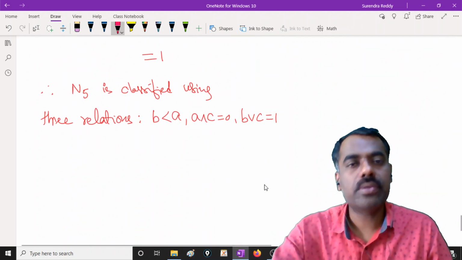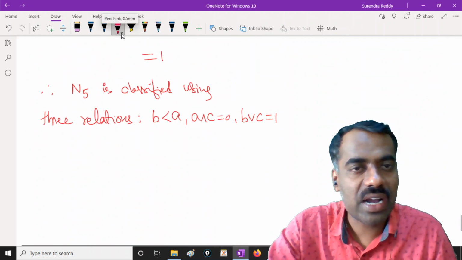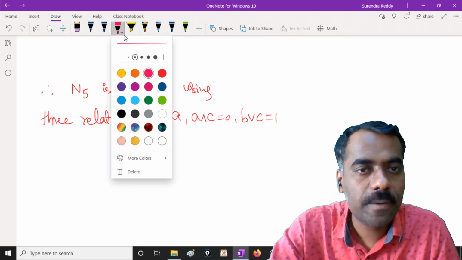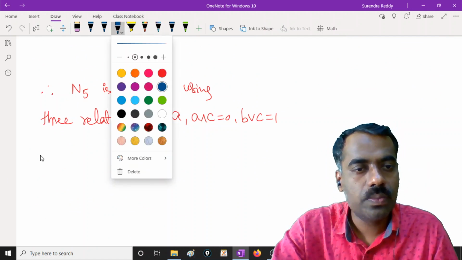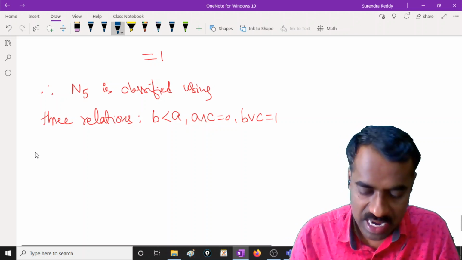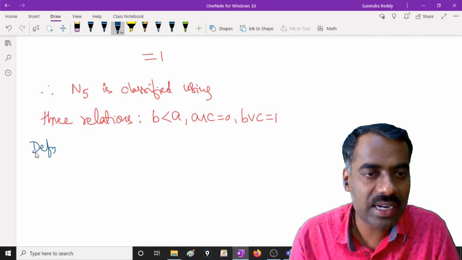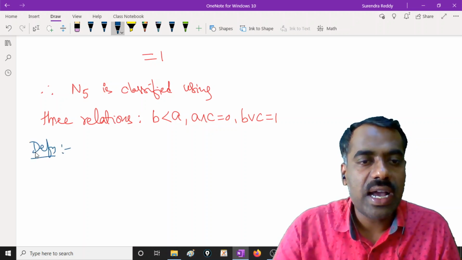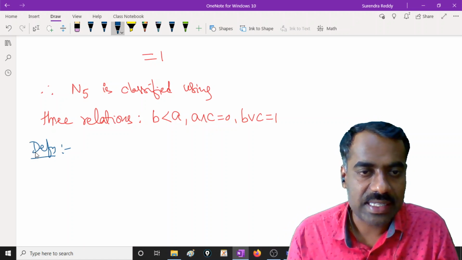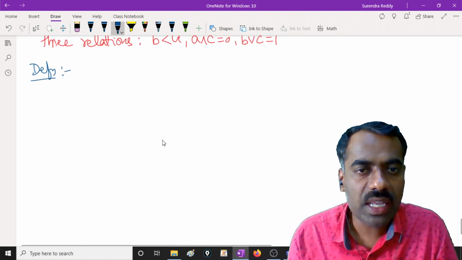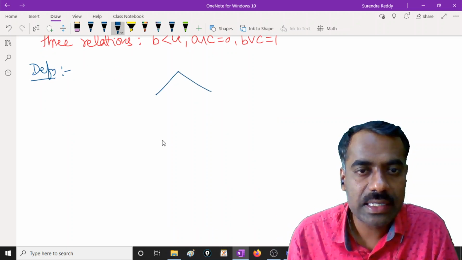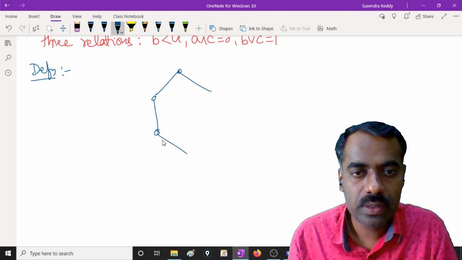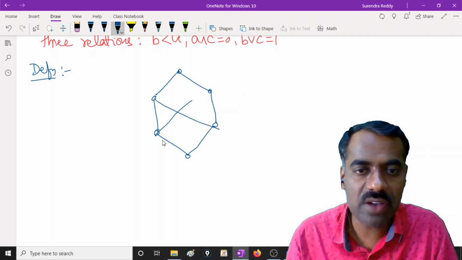These are about diagram and covering relation, all those things, right? Now we quickly go to some definitions, which I can simply define here. Suppose we have a lattice, it may be possible that you have something like this.